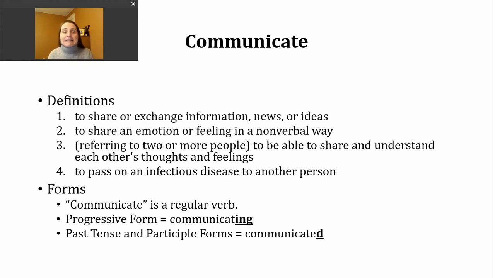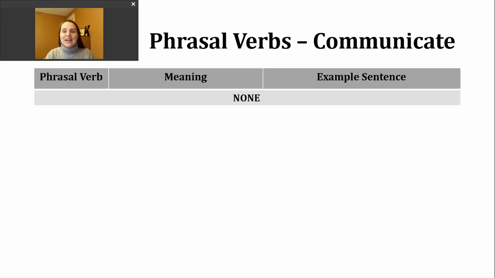The past tense and participle forms of this verb are made by adding D, since this verb already ends in an E. The base verb, communicate, ends with a T sound, so our ed is going to make an id sound. We're adding an extra syllable. Communicated, communicated.